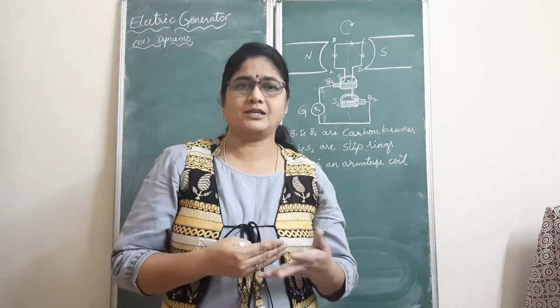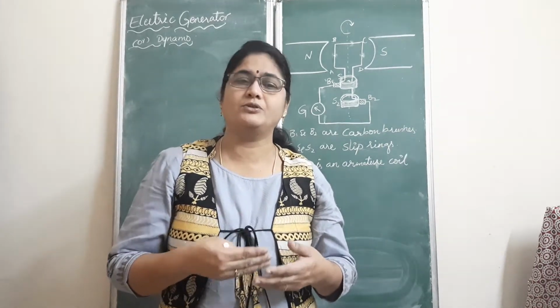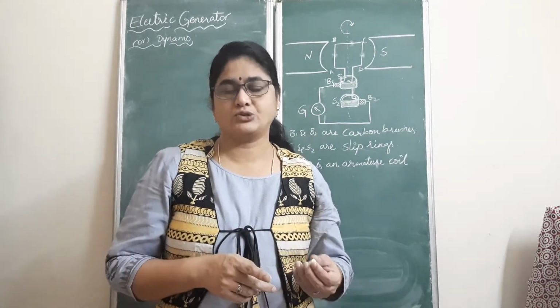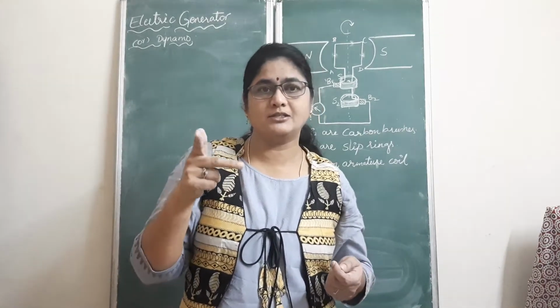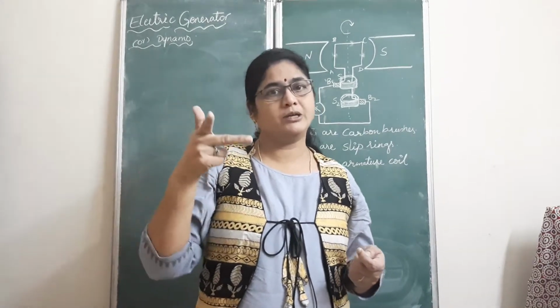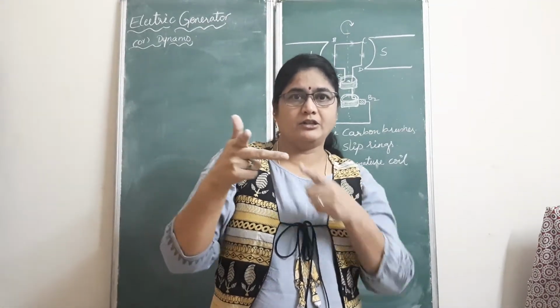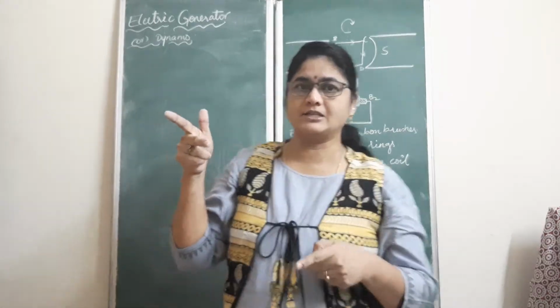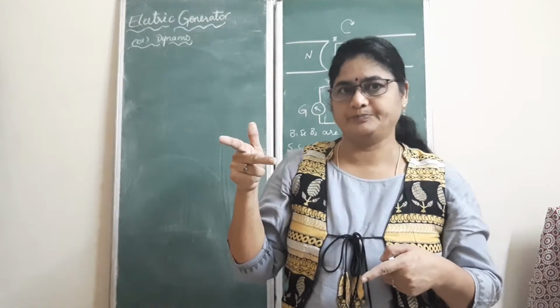To understand in which direction this current is induced in the coil, we use a rule called Fleming's right hand rule. So take your right hand. I am stating this rule. It's almost similar to Fleming's left hand rule. Take the right hand with these three fingers, thumb, forefinger and middle finger, in such a way that all three are mutually perpendicular to each other.